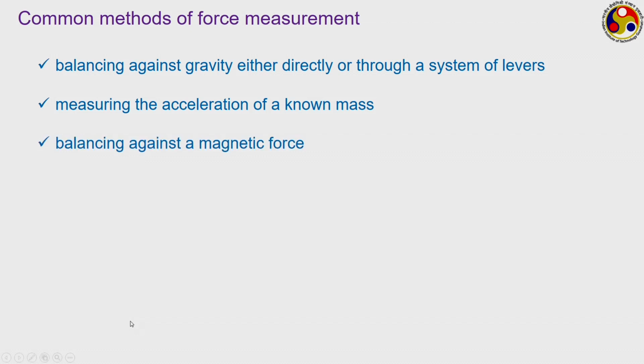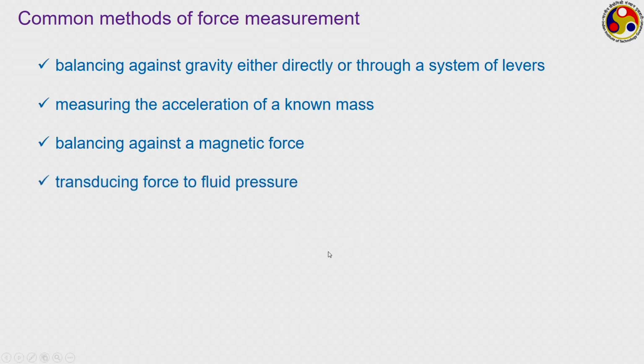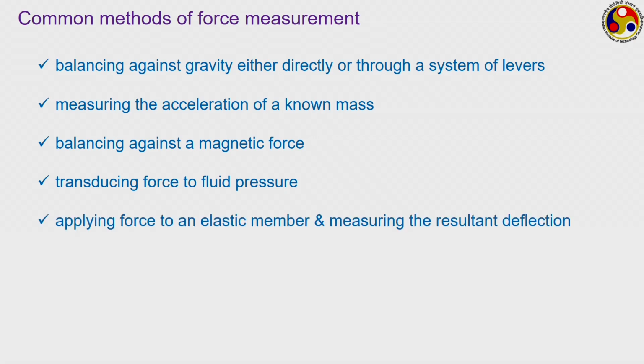Then balancing against a magnetic force. Here the source of the force is different, but we can calculate mass or acceleration or their product using this principle. Then transducing the force into a fluid pressure, like the pneumatic mode of measurement we talked about in earlier modules.